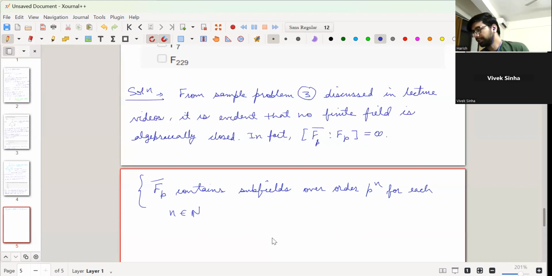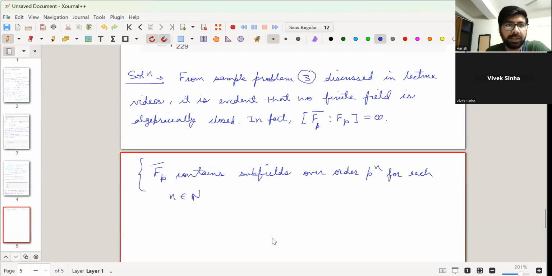Since it contains subfields of order p raised to n, maybe I can tell you what exactly the sample problem was. It says F_p closure contains a unique subfield of order p raised to n for each n greater than or equal to 1. In fact, we don't need the uniqueness here.